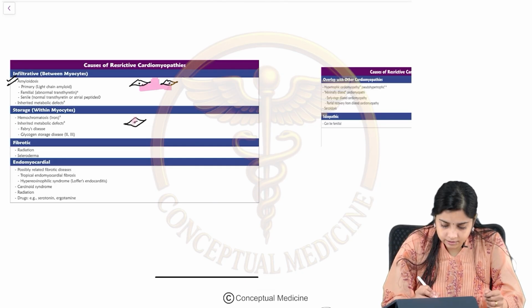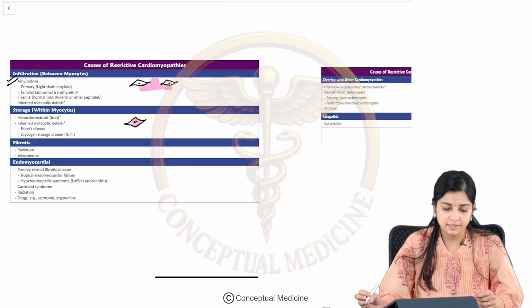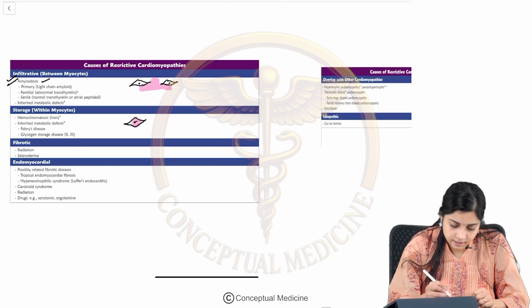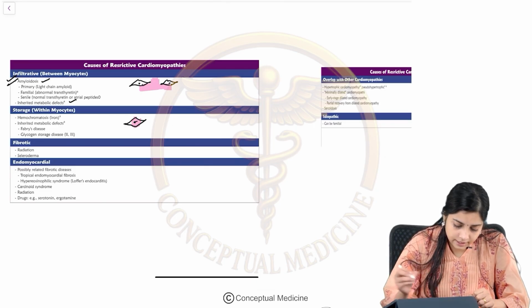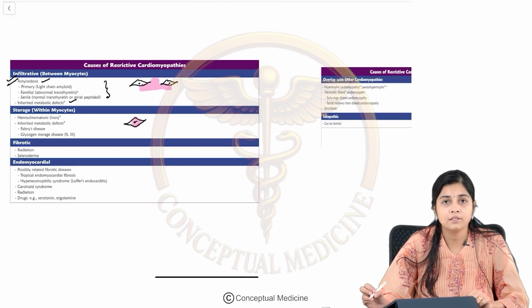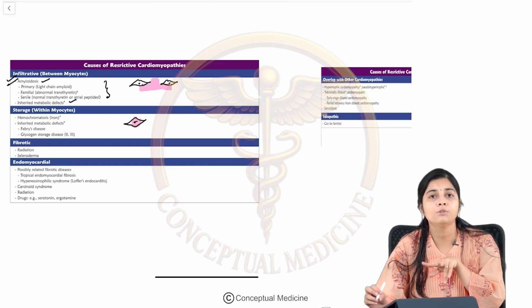So this is your other type of infiltration. So what are the causes for the infiltrations which happen between two myocytes? We have amyloidosis and certain inherited metabolic defects. Especially amyloidosis is one disorder where there is infiltration of the amyloid fibrils between two myocytes.